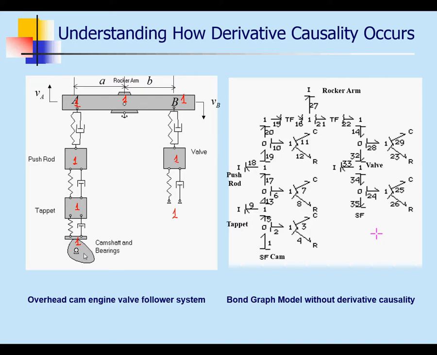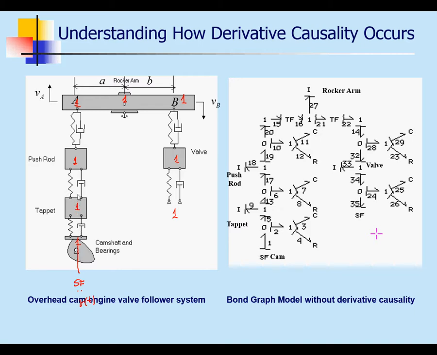So step number 2 that we do is to connect the elements that see these velocities, and obviously this is going to be a 1, the SF element over here. This has a velocity input in here. Okay.